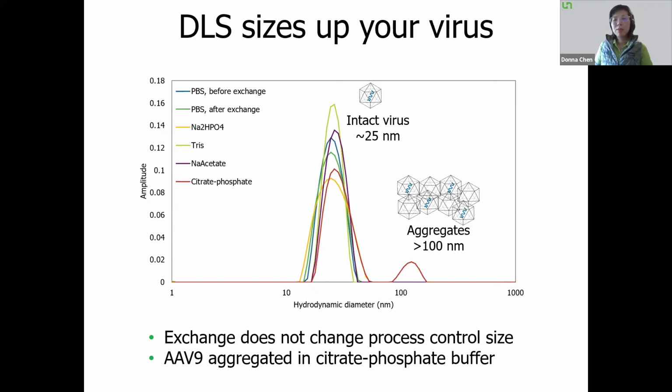And most of the common chromatography buffers listed here also show the same peak at around 25 nanometers. So that's the sodium phosphate, tris, and sodium acetate buffer.